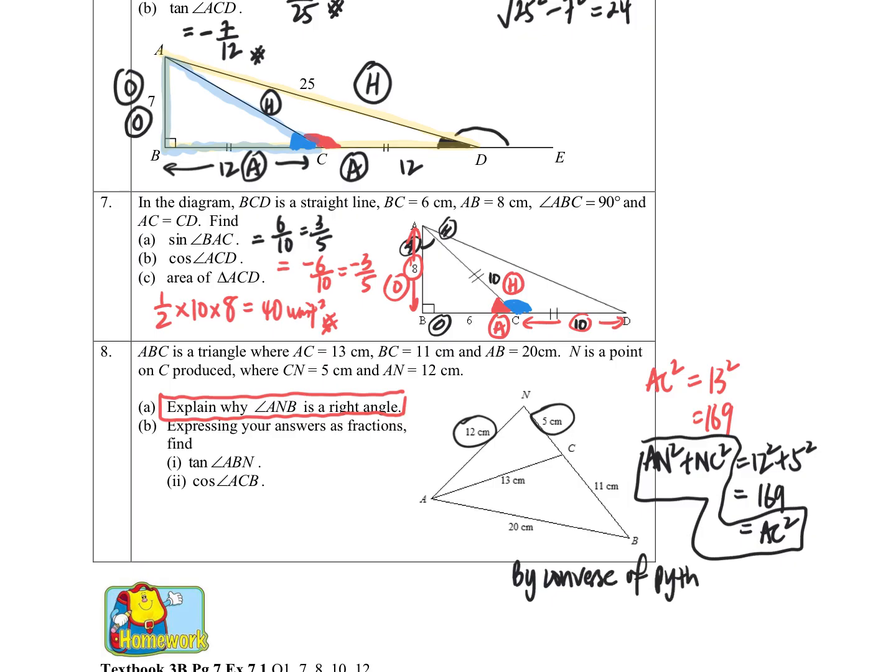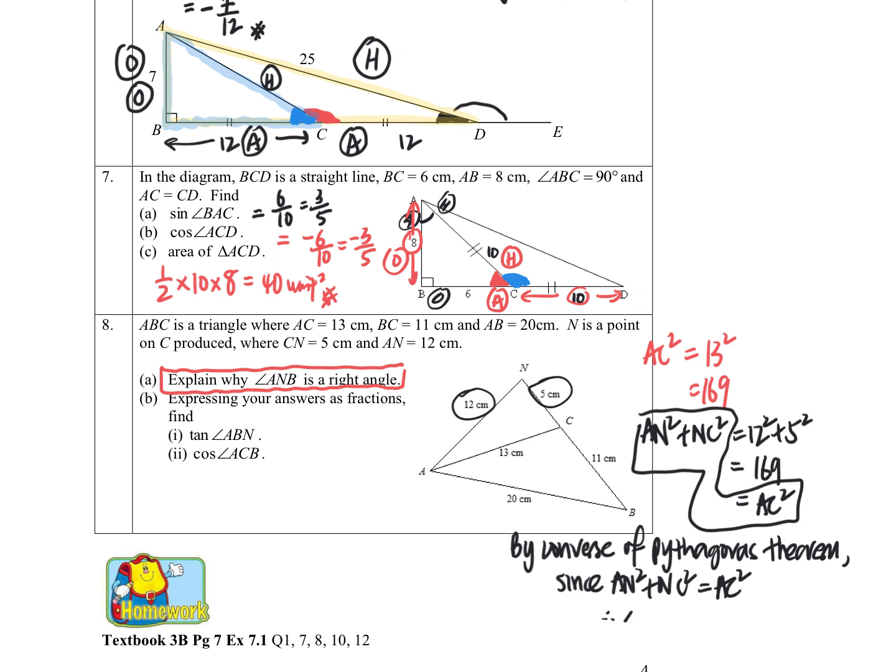By the opposite direction of Pythagoras theorem. Okay, since you have proven that the sum of squares of the other two sides is equal to the square of hypotenuse, therefore angle ANB is 90 degrees. Okay, so this is the standard proof.